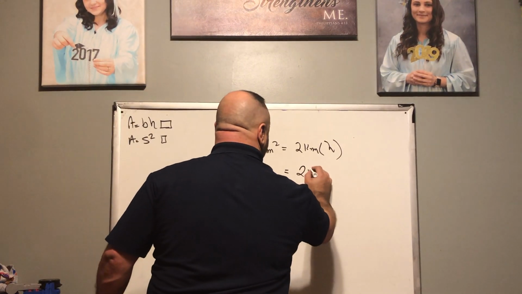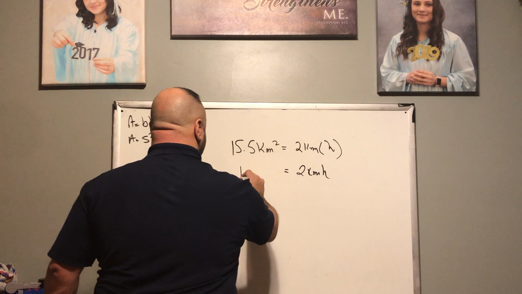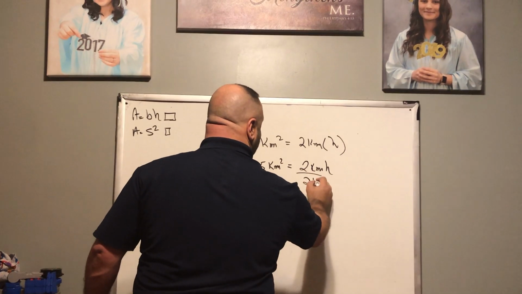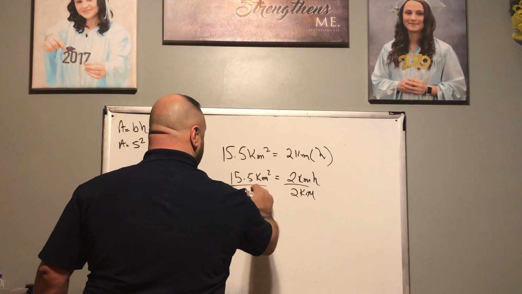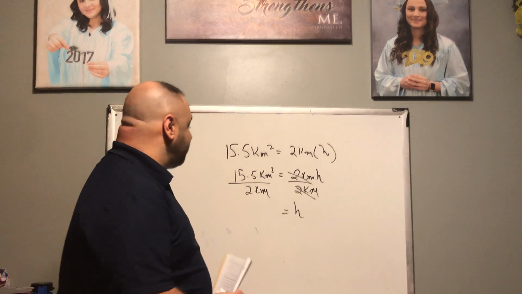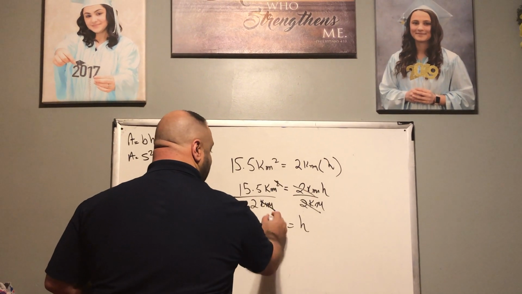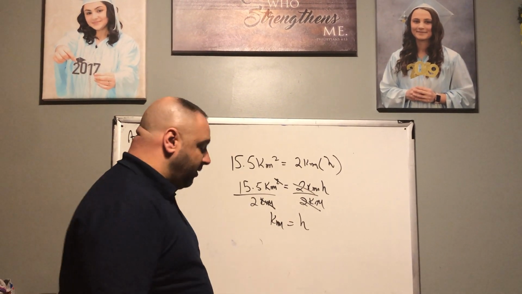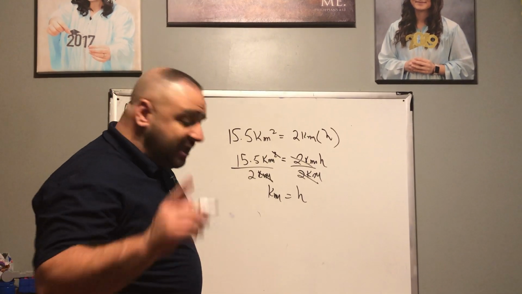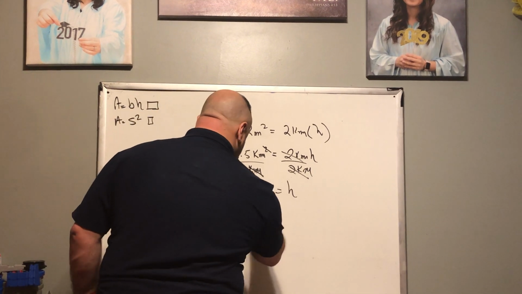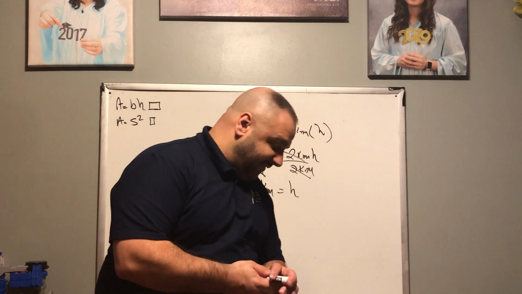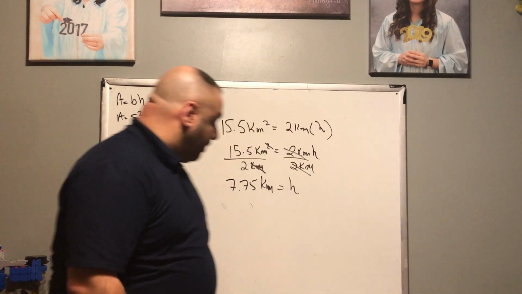So we have 2 kilometers, our height, 15.5 kilometers squared. Divide both sides by 2 kilometers. H equals, again, we have 1 kilometer here, 1 kilometer here, which leaves 1 kilometer in our answer. So 15.5 divided by 2 would be 7.75. 7.75 kilometers is your correct answer.